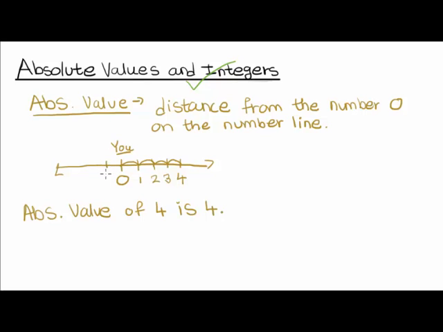Okay, so similarly, can you tell me what the absolute value of any negative number would be? So if I start off at 0, then I move on to -1, -2, and I want to know what my absolute value of -3 is. So if I'm starting off here, how many steps or how much of a distance would I need to travel from 0 to reach -3?